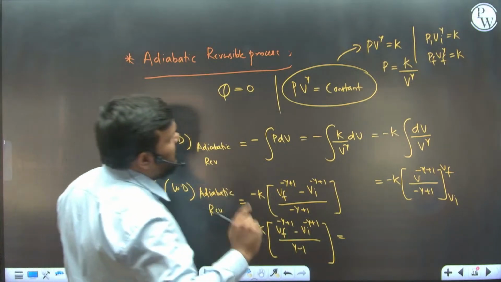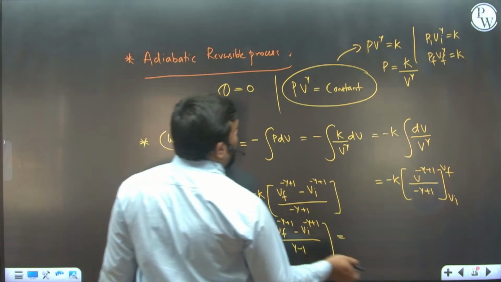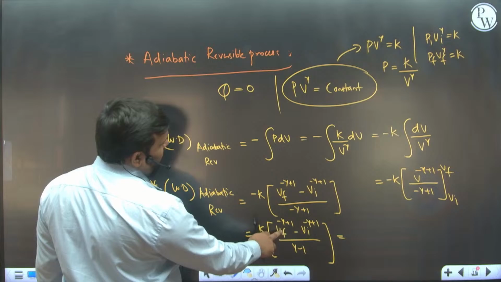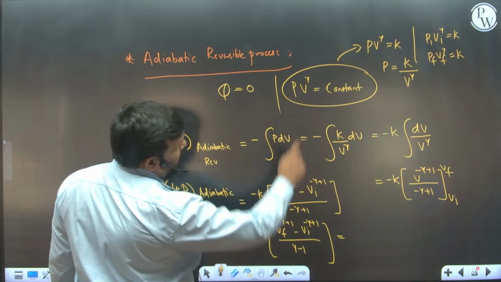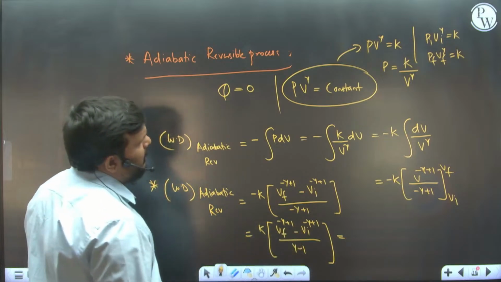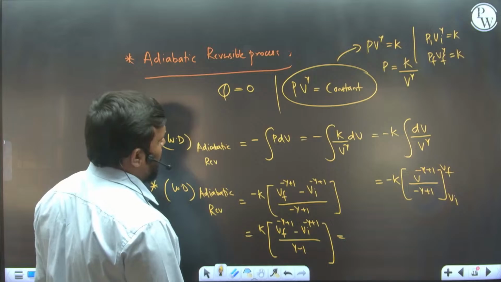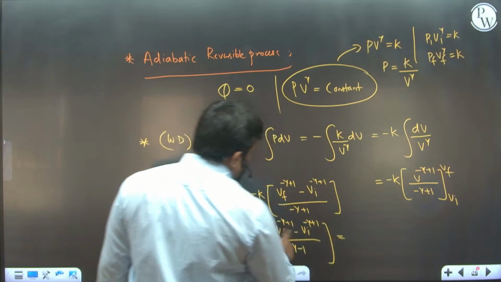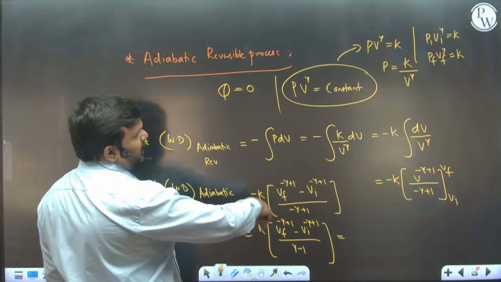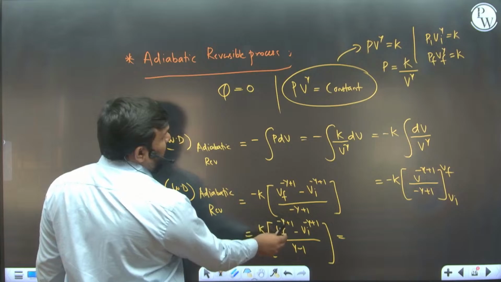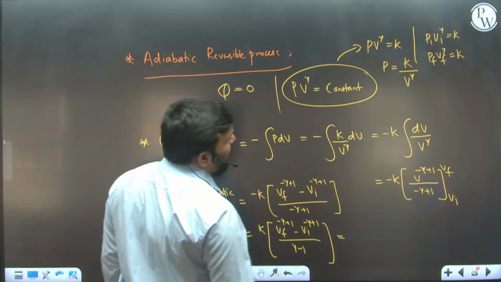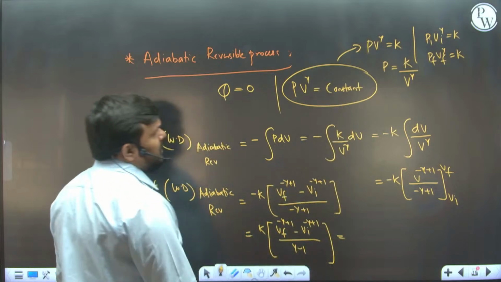We will use this over here and we will be smart. The K which is multiplied with V final, we will put as P final V final power gamma, and the K which is multiplied with V initial, we will put as P initial V initial power gamma.